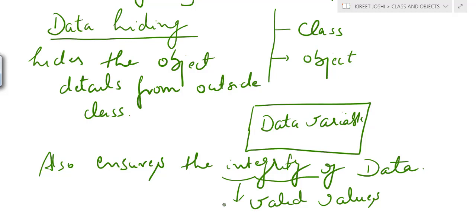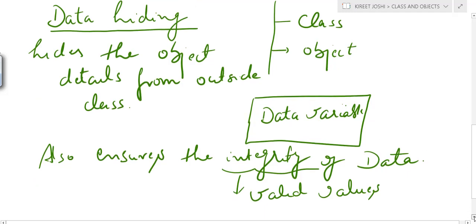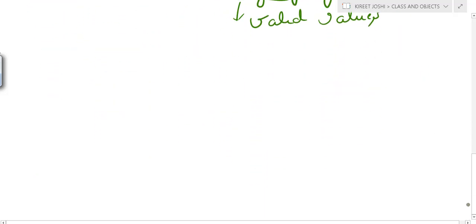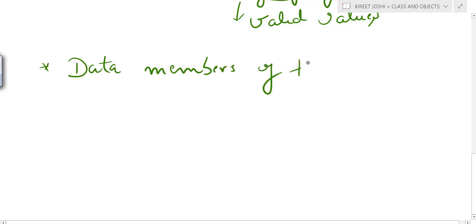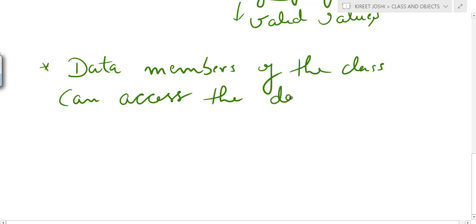So it also ensures the integrity of the data, and it also ensures that only the valid class members should be able to access the data. Only the members of the class can access the data.